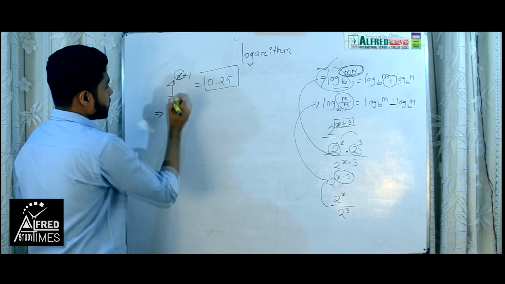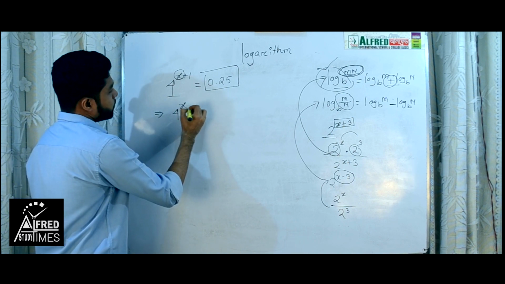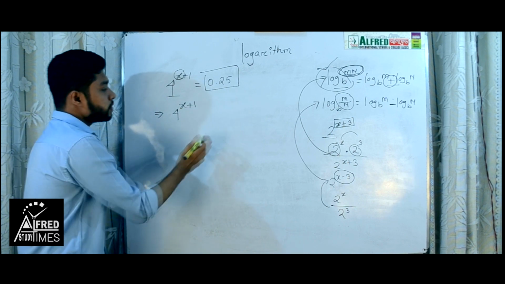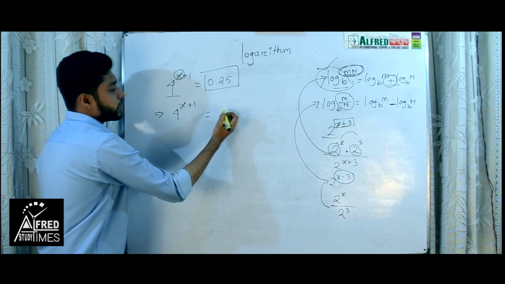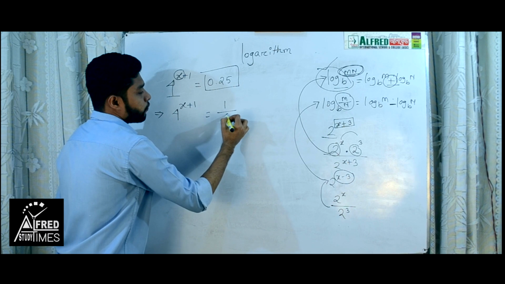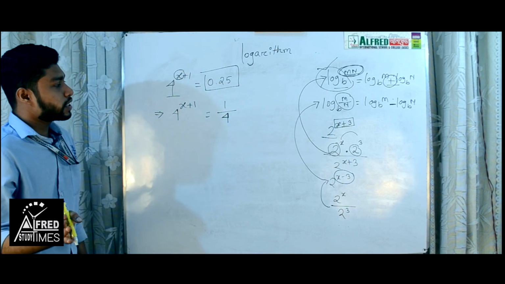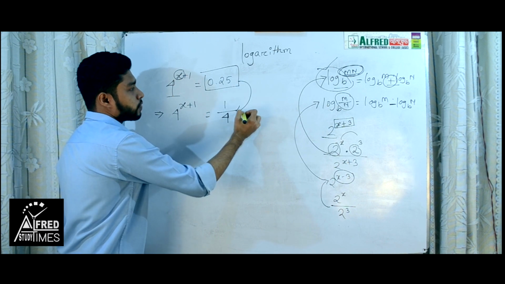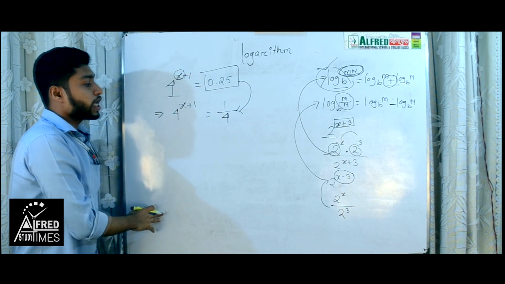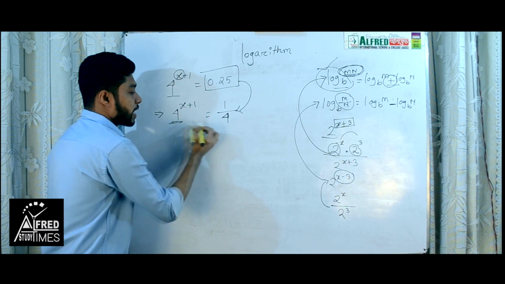So we can write it 4 to the power x plus 1 equals this one. We can write it as 1 by 4. We can use a calculator, there is no problem. If we make it too easy and make both similar, because we have to know the base is the same.